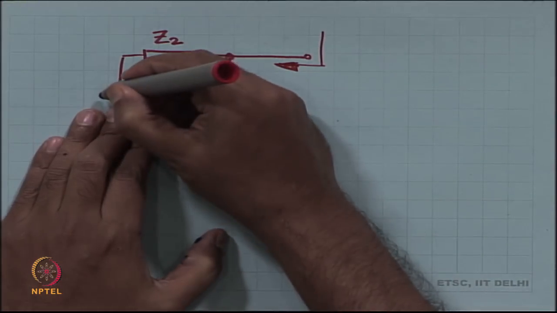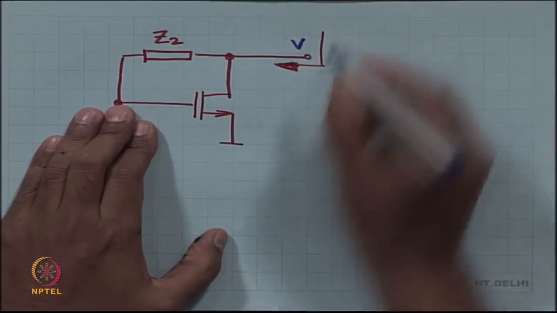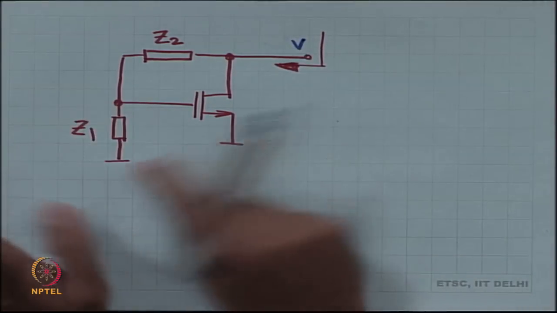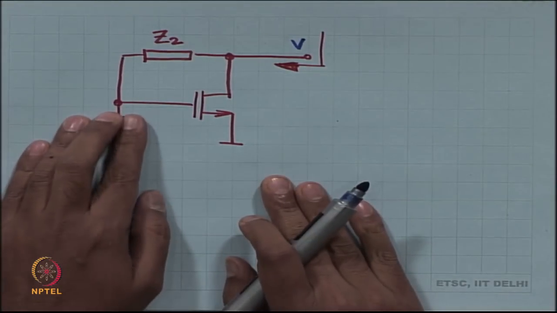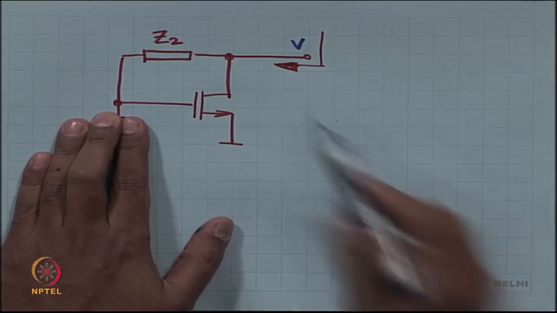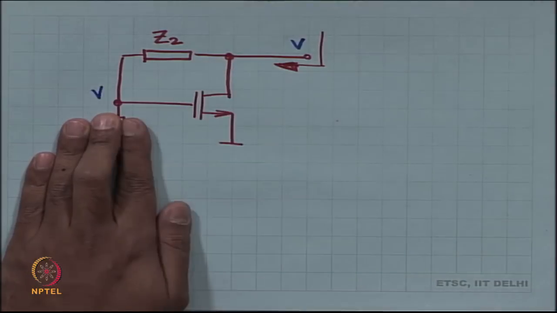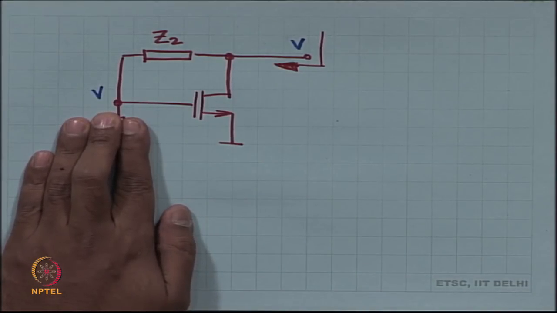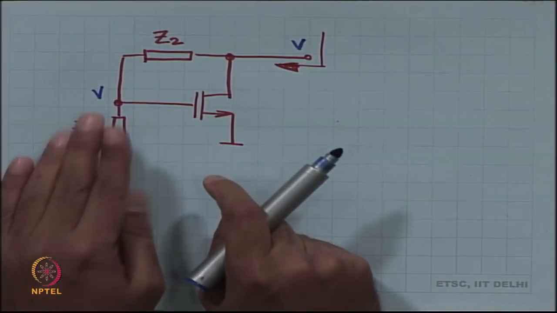I am imagining Z1 is not there, temporarily, I am just trying to understand what happens. Right, because no current goes through Z2, Z1 is not there, open circuit.